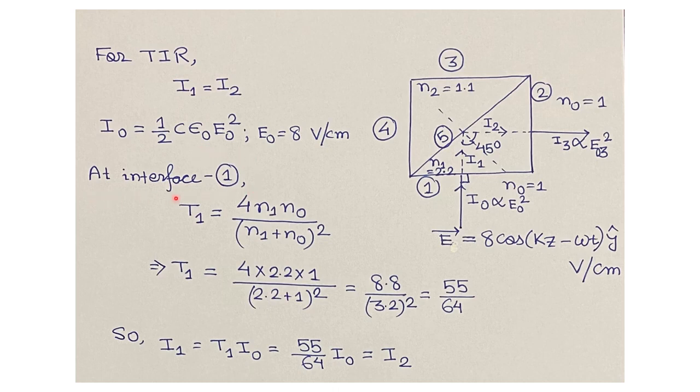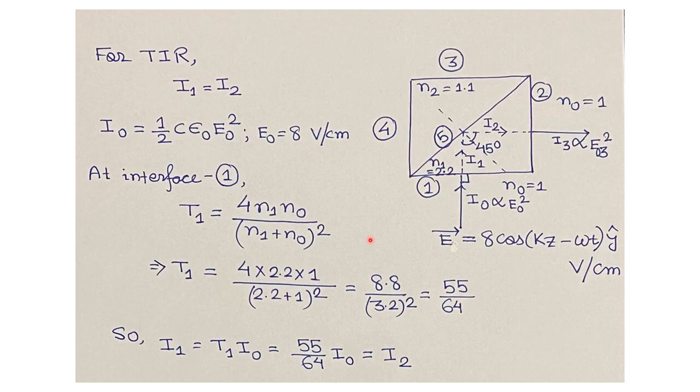Now at interface 1, we'll apply the Fresnel equation for transmittance. As the EM wave is propagating along the z cap direction and the electric field vector is along the y cap direction, it is an EM wave with in-plane polarization. Now for in-plane polarization, the transmittance formula is T1 equals 4 N1 N0 by (N1 plus N0) whole square.